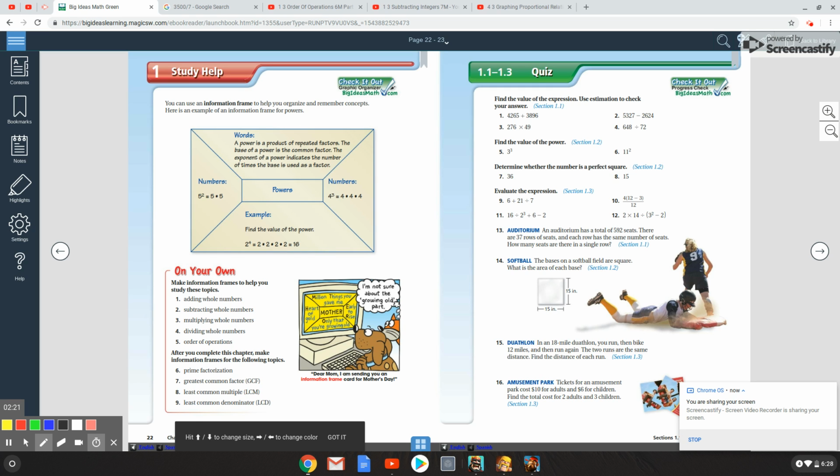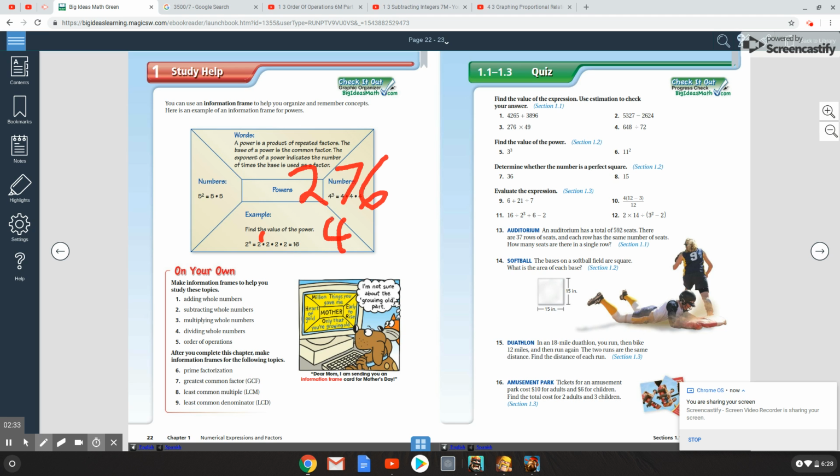Our third problem is going to be a multiplication problem, and it is 276 times 49.